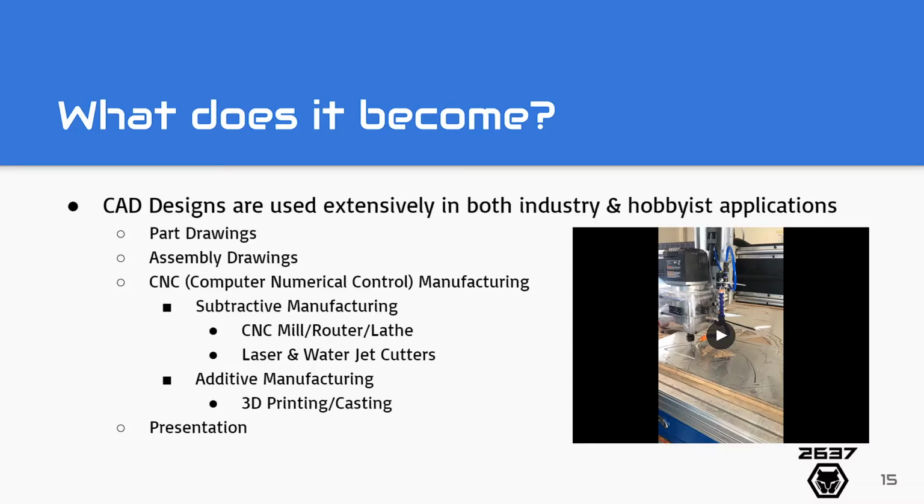And there's also additive manufacturing, which is usually 3D printing or casting. 3D printing can be plastic or metal. And when doing these things, when the engineer is making the CAD, they must keep in mind what tools they are going to use and make their tolerances and other parts to be manufacturable.